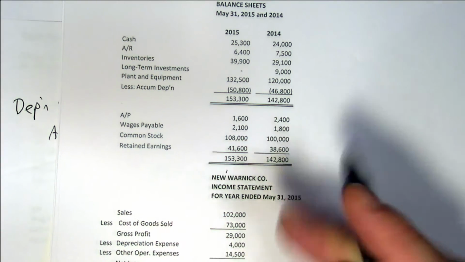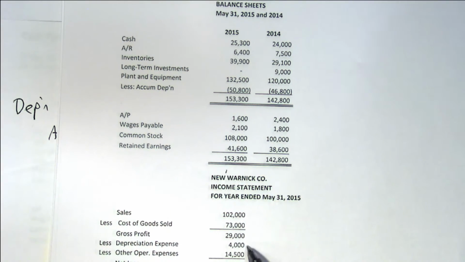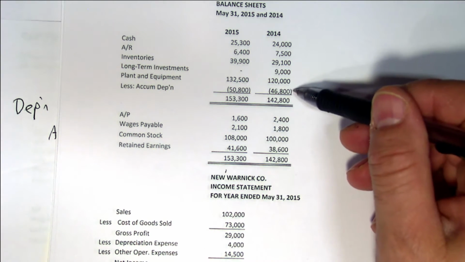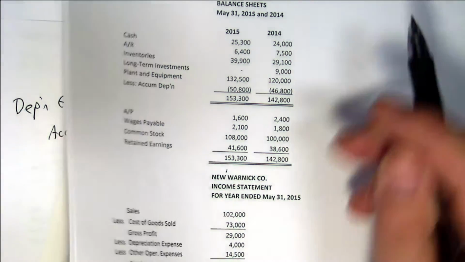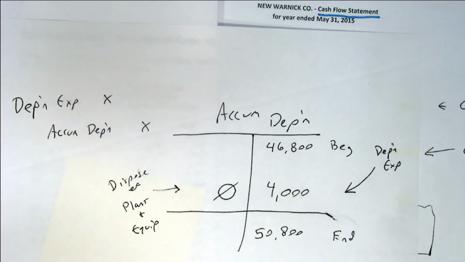My answer is this. Always get your depreciation expense or your non-cash expenses from the income statement. Always, always, always. And somebody will say, well, it doesn't really matter because this is the same number. It was the same number in this instance because there were no disposals of plant assets. And they basically told us this was 0. Are you following me?